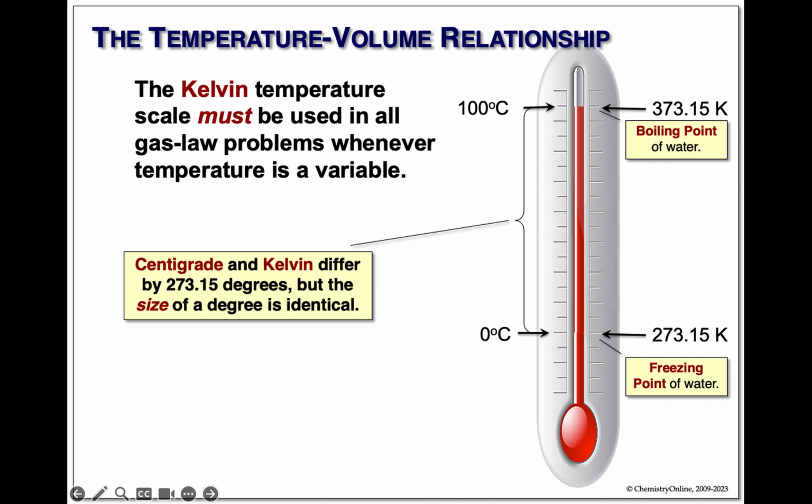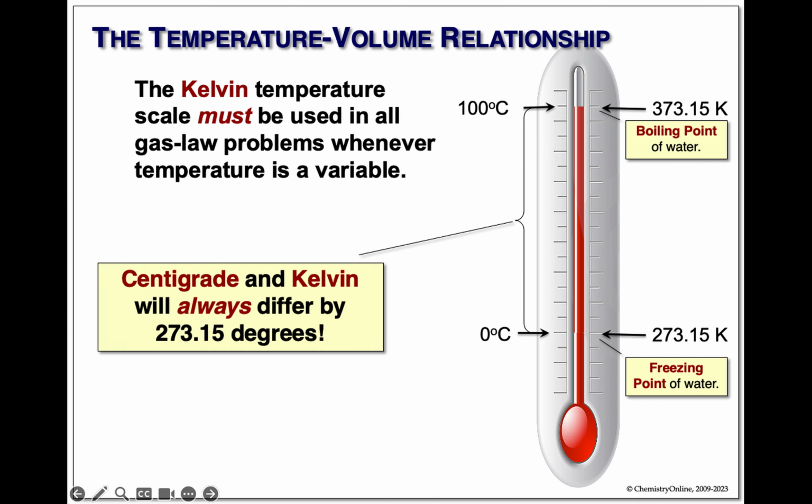Quite conveniently, there's 100 little degrees in between, so they match, but they always differ by a factor of 273 degrees. Remember, Kelvin is always going to be bigger than centigrade because we add 273 to whatever centigrade is.